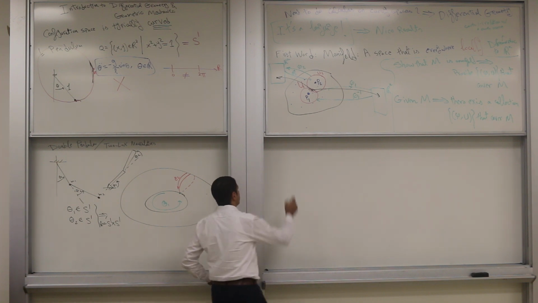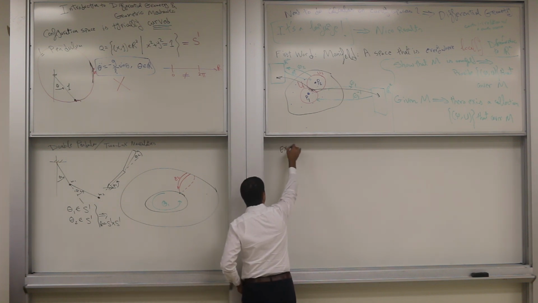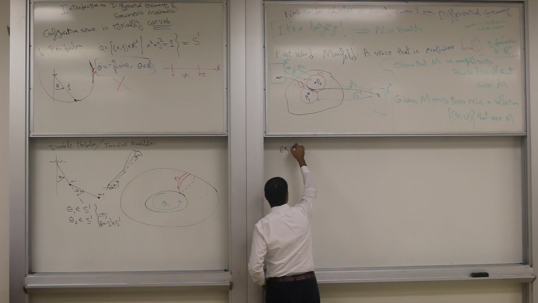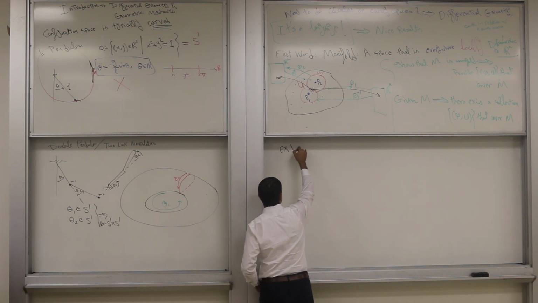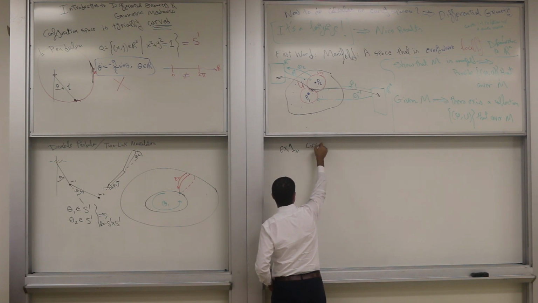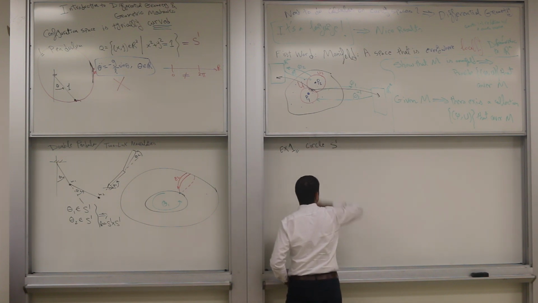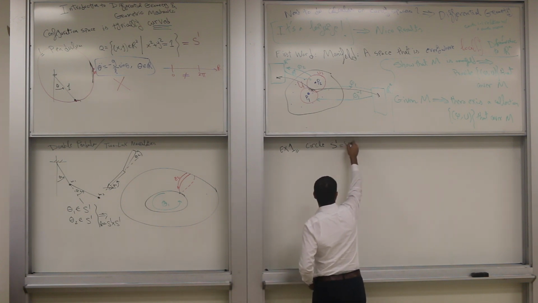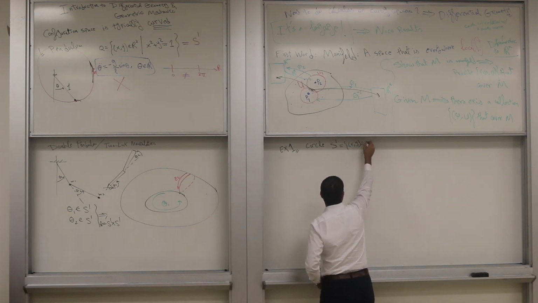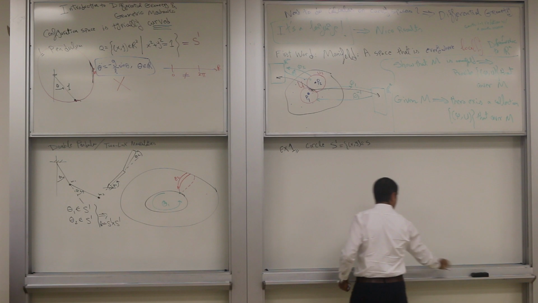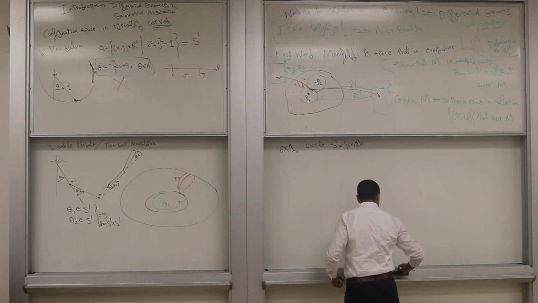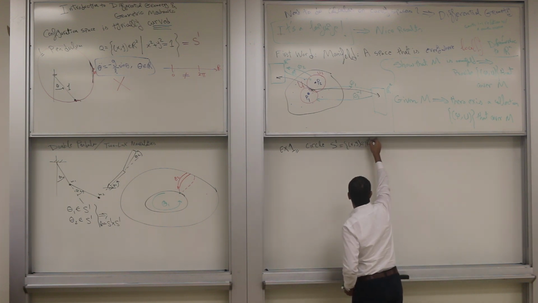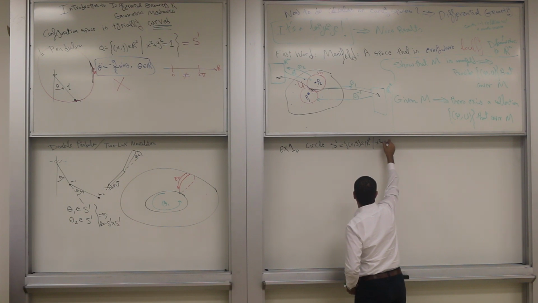So when we go back to the example of the circle, S1, which is every x and y in R2 such that x squared plus y squared is 1.